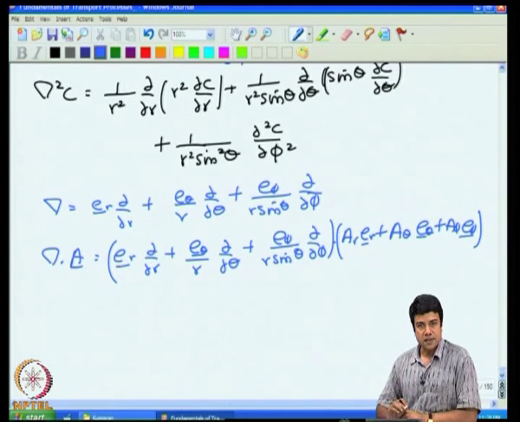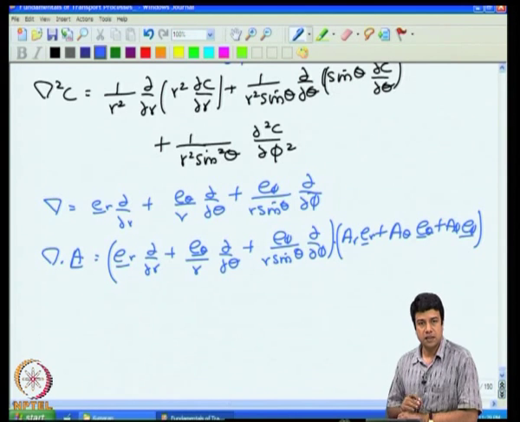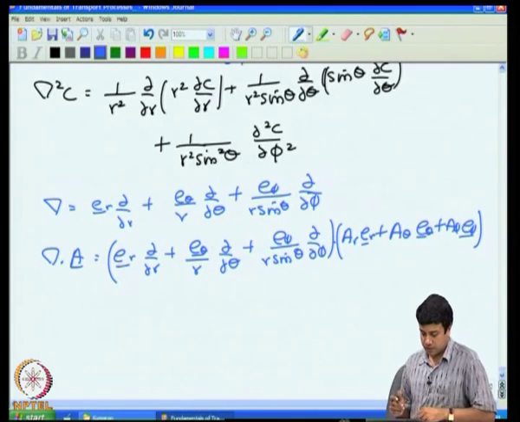So, if you are doing this just simplistically, the way that we did it in a Cartesian coordinate system, what you would say is that we will just take the derivatives of the components and take the dot product of the unit vectors. That is what we did in a Cartesian coordinate system.